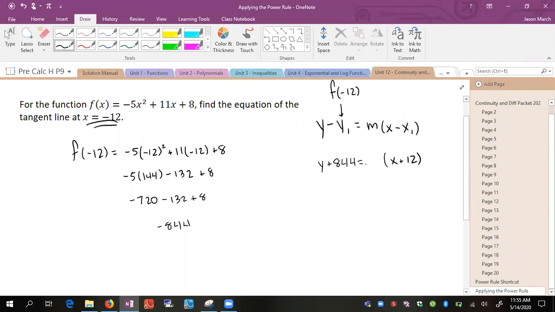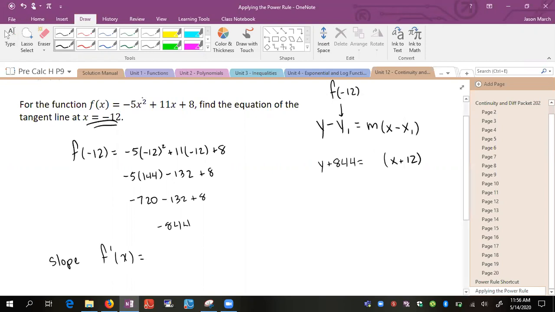So then we still need to find the slope. Now that we know the power rule for the derivative, we can find the slope by using f prime. So first we have to figure out what f prime of x is. We can't plug in -12 yet, right? The power rule only works with x's or variables.